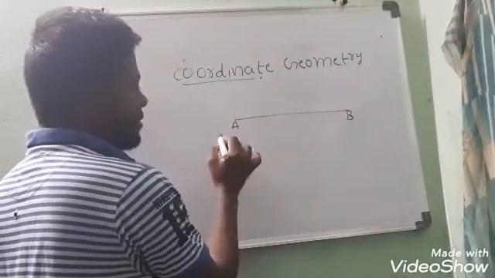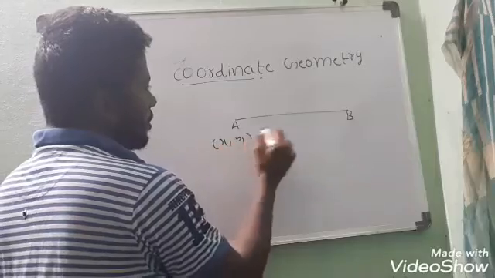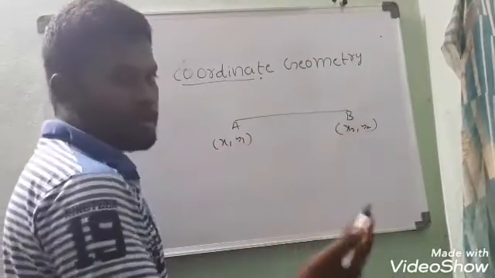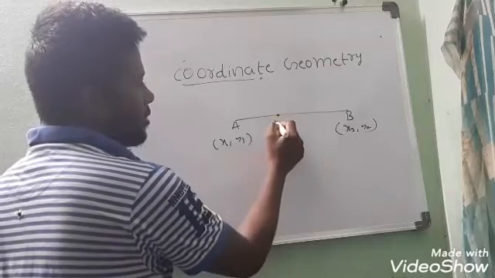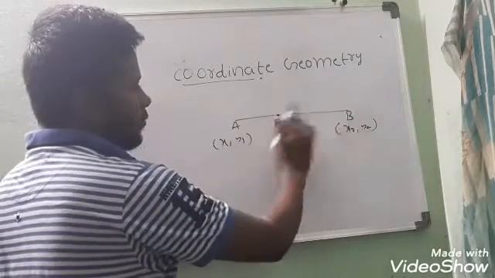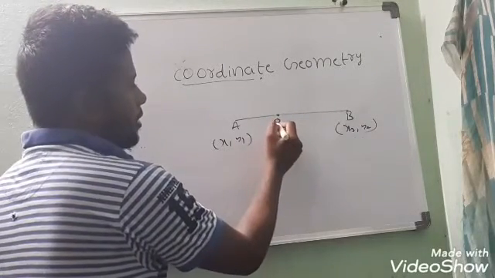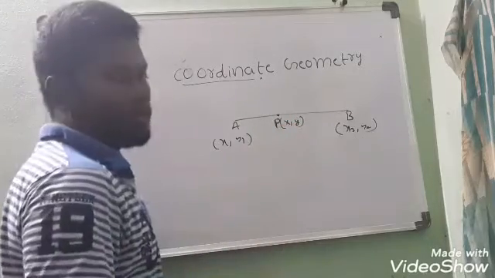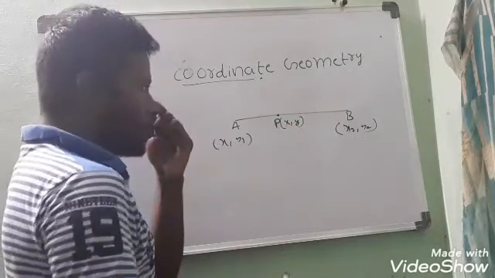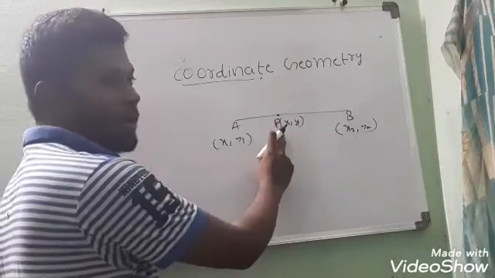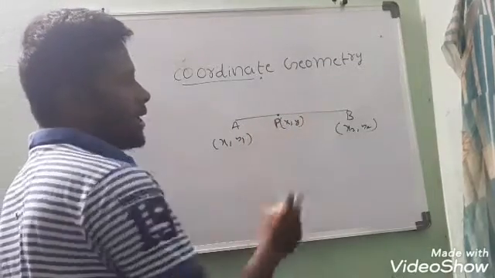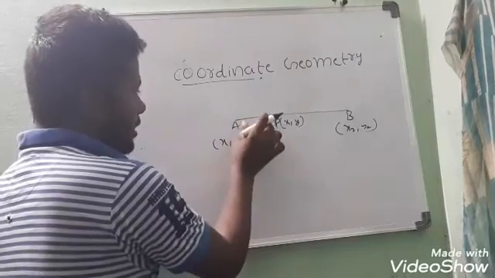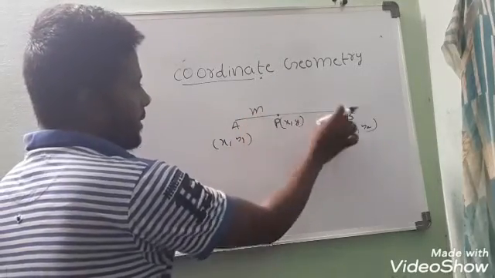The point A is x1, y1 and B is x2, y2. There is another point called P, somewhere in between. The position of P is x comma y. This point P is dividing the line AB in a ratio, so AP is m and PB is n.